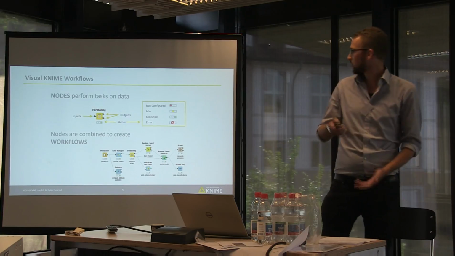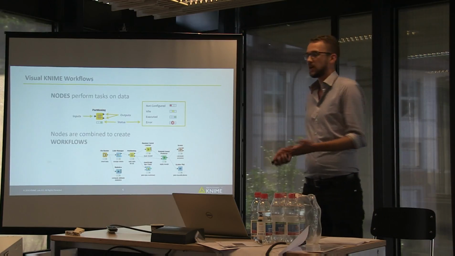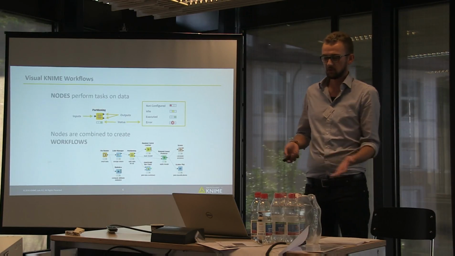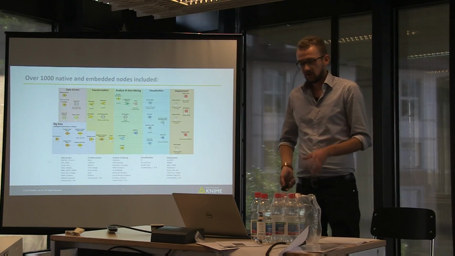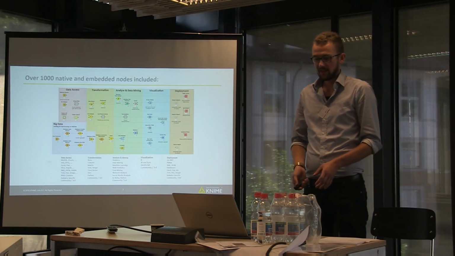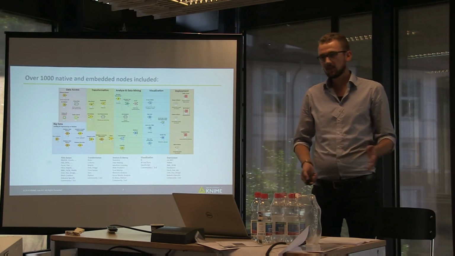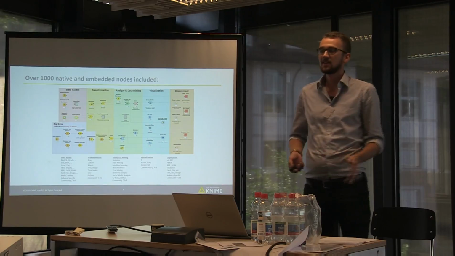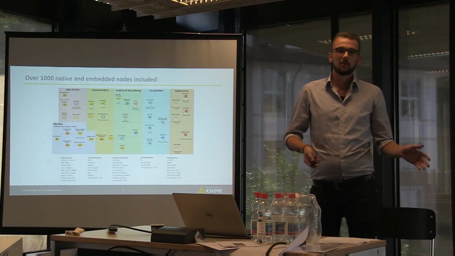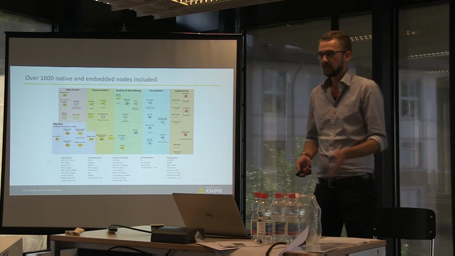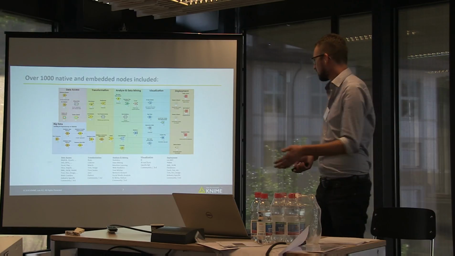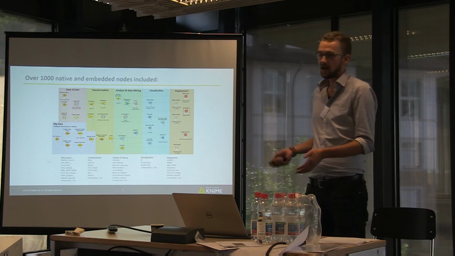As I told you, you combine these nodes to create a workflow and specify what you want to do. Currently we have over 1,000 nodes which do different things. For example, for data access, we have nodes which connect to databases, or you can read simple text files, or connect to the Twitter API.